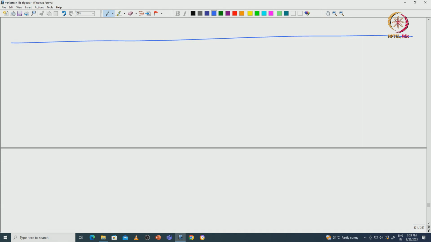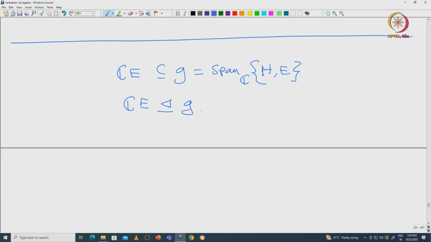Because if you take the span of H and E inside this G, this is going to be an ideal inside G. In particular, you know that if you take any eigenspace of this E, that should be invariant under both H and E. But E is nothing but the bracket of H and E. So that says that the trace of E on that eigenspace must be 0.